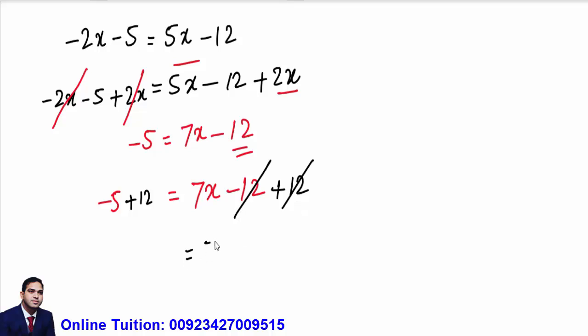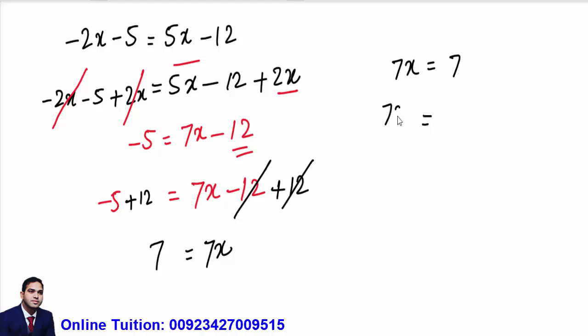We have 7x. Now what is this? Plus 12 minus 5 is equal to 7 because their difference is 7. Because this is positive, this is negative, we see their difference, and their difference is 7 and this is positive 7. Now we have 7x is equal to 7.